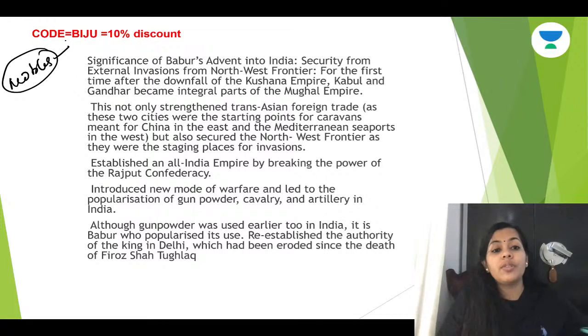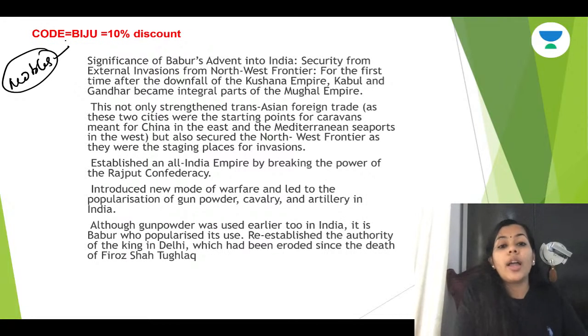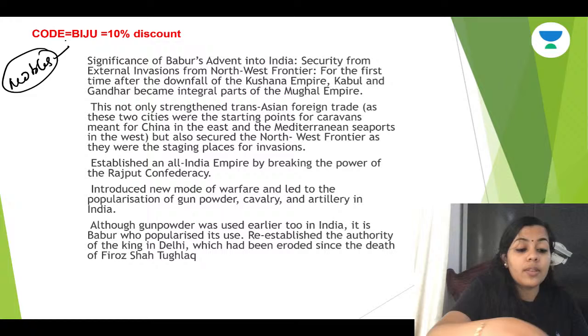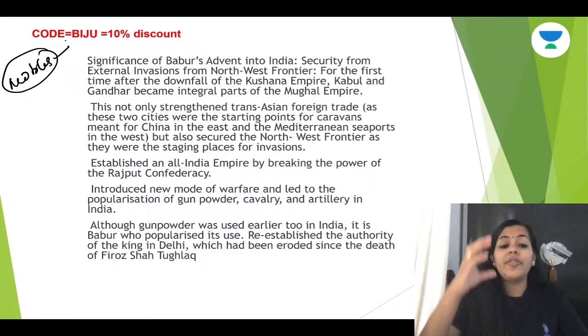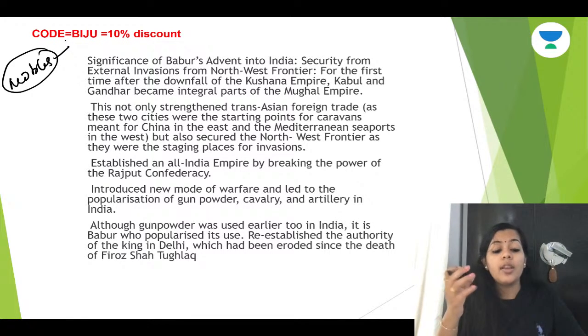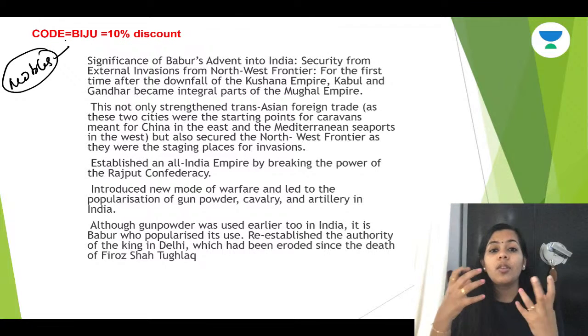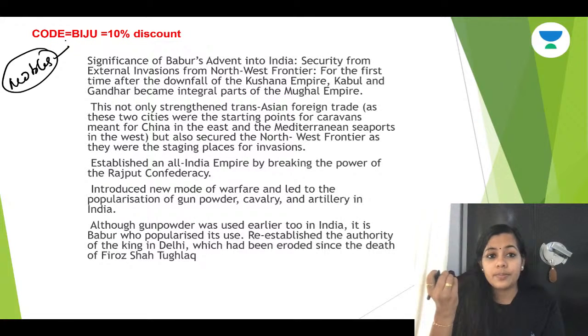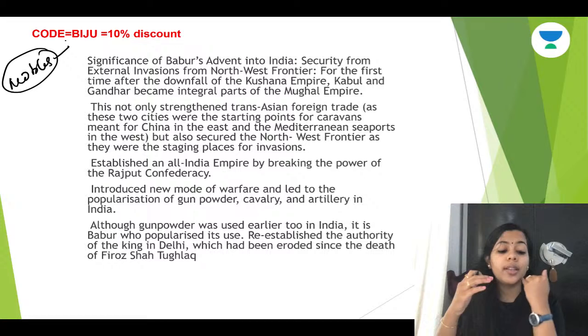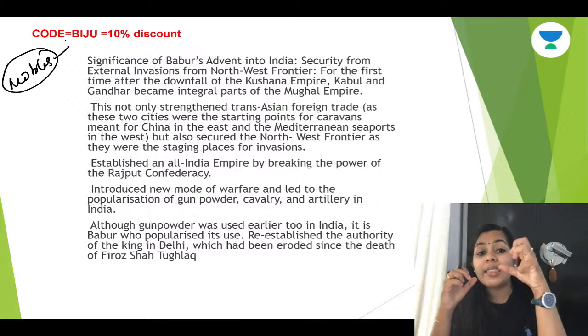Right, now we are going to see the advent in India. What was the significance of the political advent? So he conquered India. What are the additions, the things which strengthened the empire?